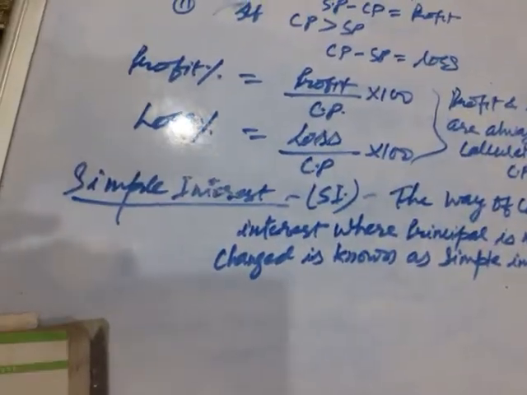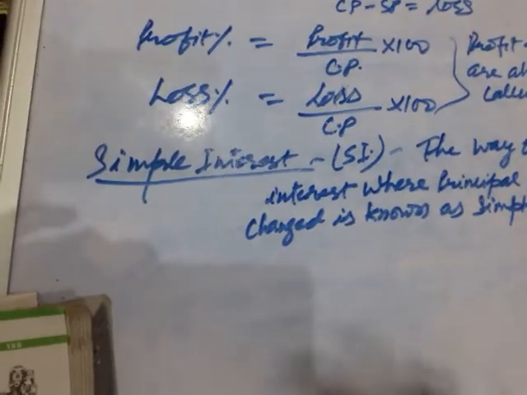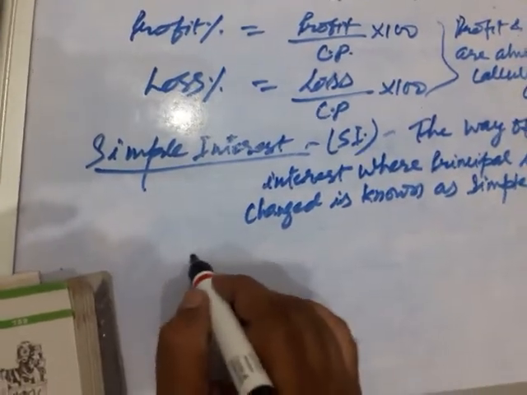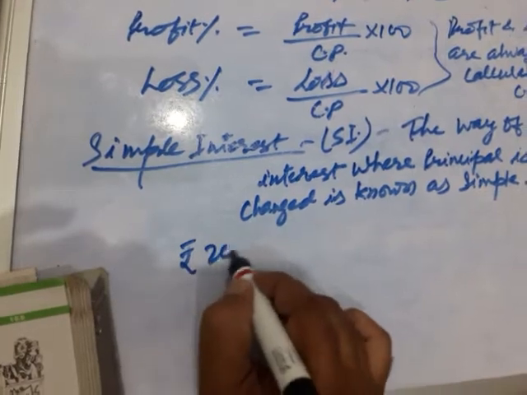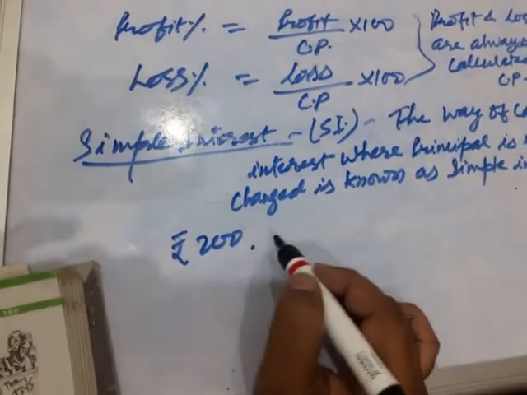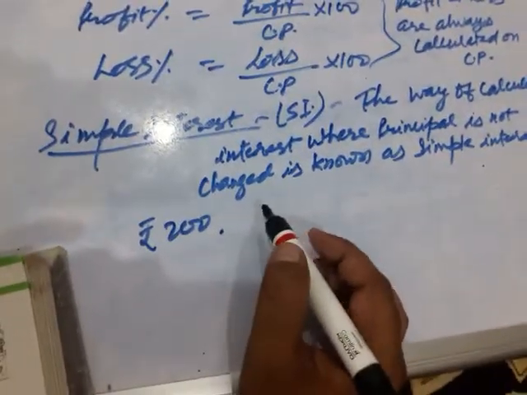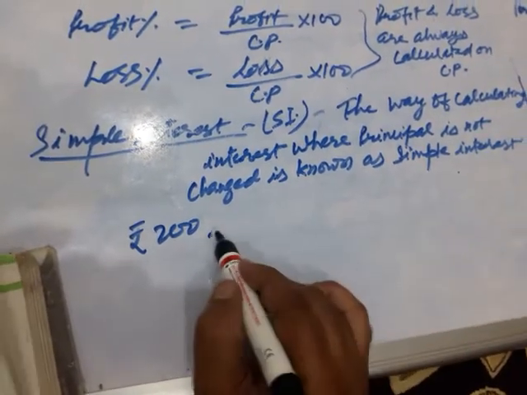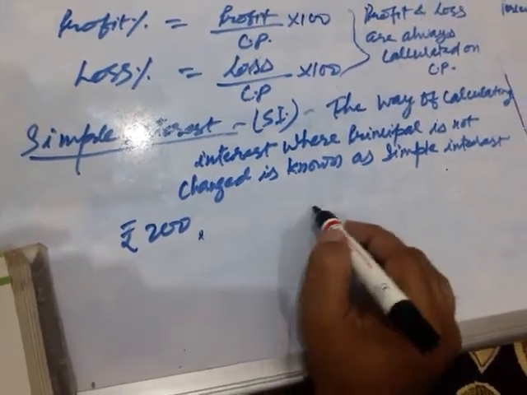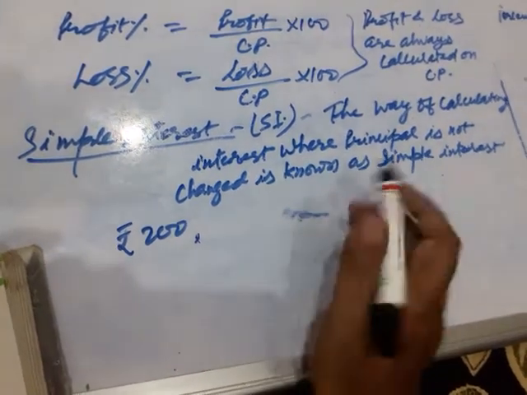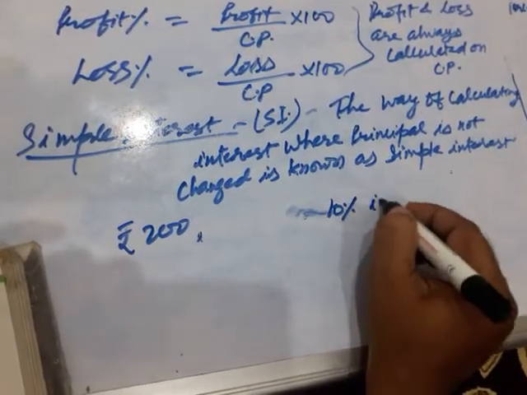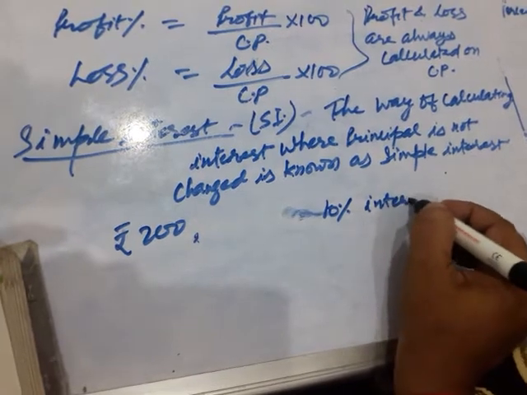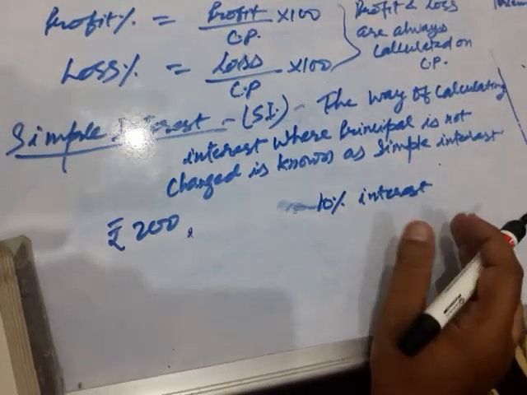If we borrow 200 rupees from someone, with the condition that at the end of the year you will give me 10% interest. What is this? Interest is some extra money.